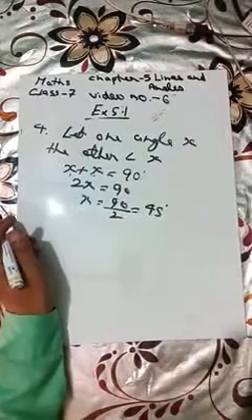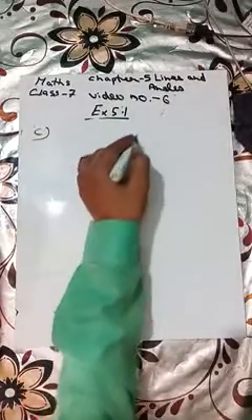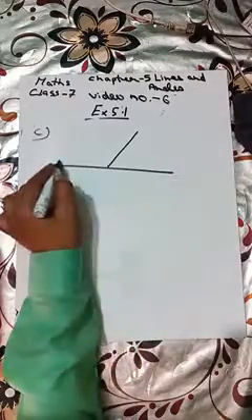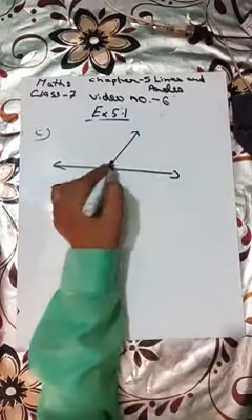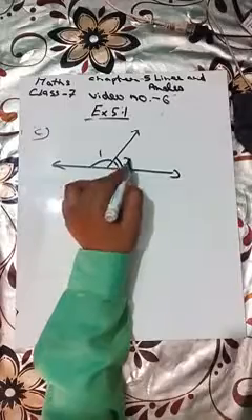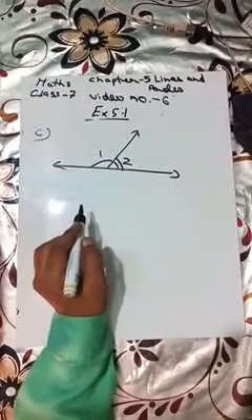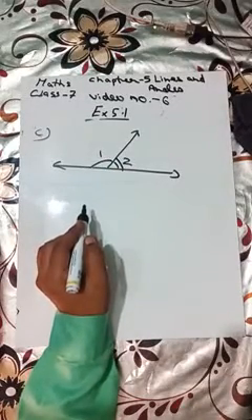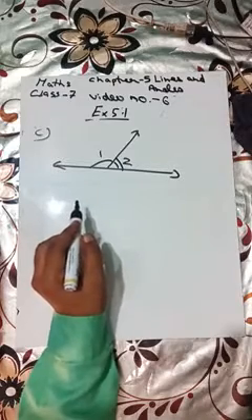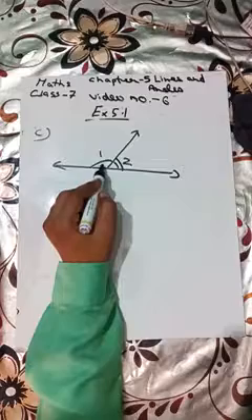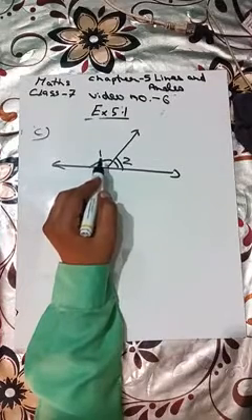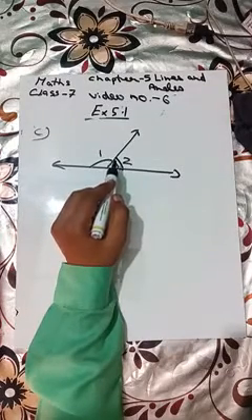Now let me explain question number 6. In question number 6, we have been given a diagram figure here. This is angle 1 and this is angle 2. The question is: if angle 1 decreases, what changes take place in angle 2?